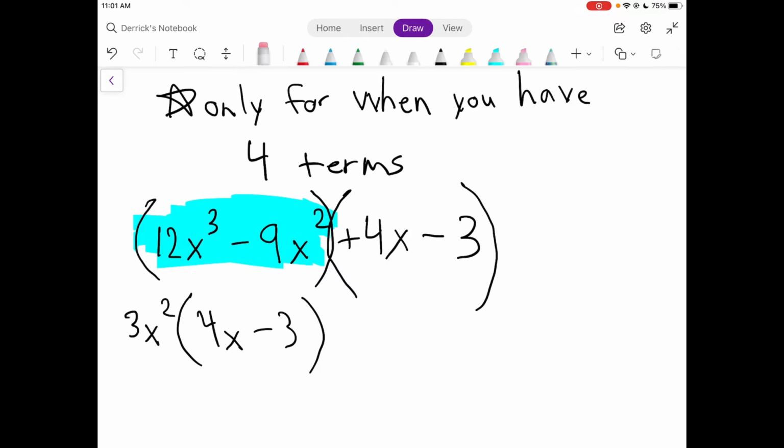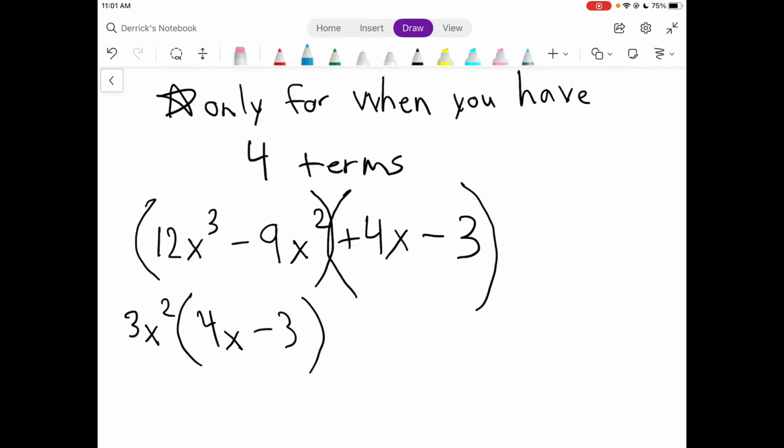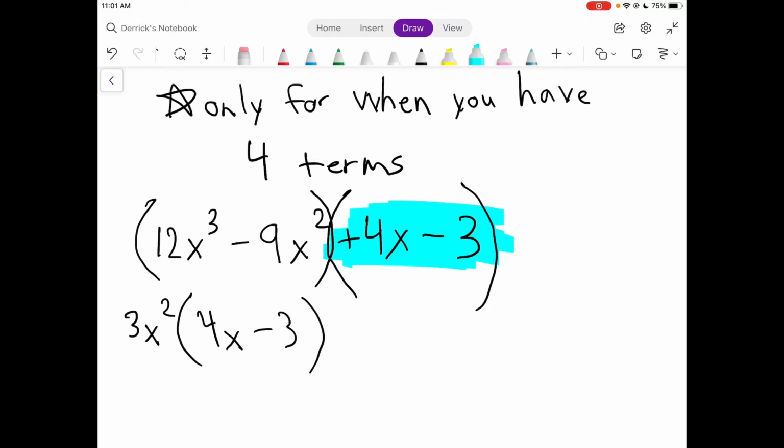So now I want to look at the second group, my 4x minus 3 here, and I want to ask myself the same question. What common factor is there that 4x and negative 3 can both divide by? Now the answer here is not none. The answer here would be 1.